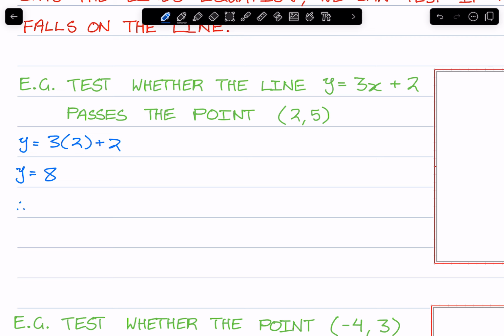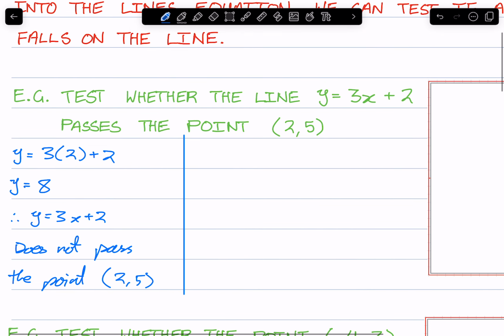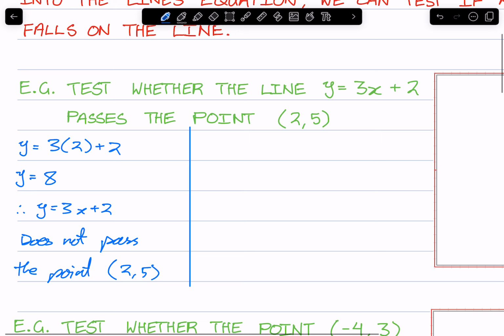So you can say, therefore, y equals 3x plus 2 does not pass the point 2, 5.